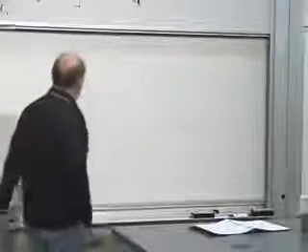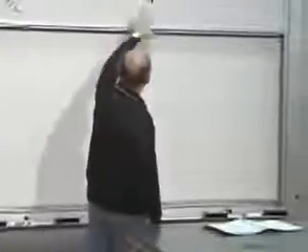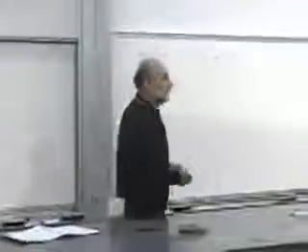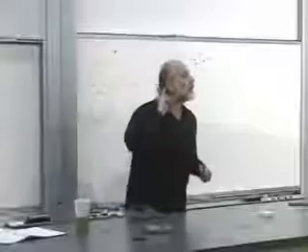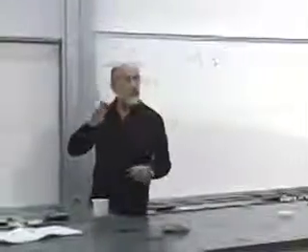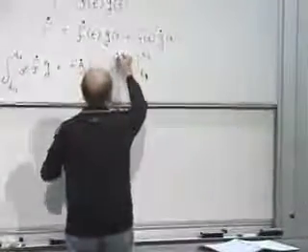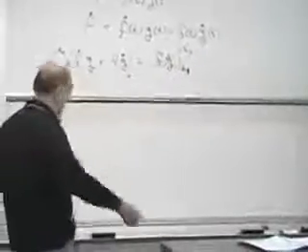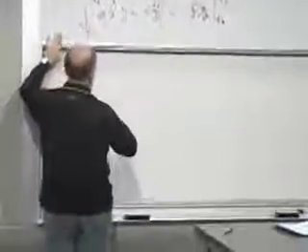But in any case, if f or g vanishes at the endpoints, then this is just 0. Or if the product is the same at the endpoints, even that's good enough. But in the special cases we'll be doing, as a rule, one of these two will always be 0, and so that's not there.